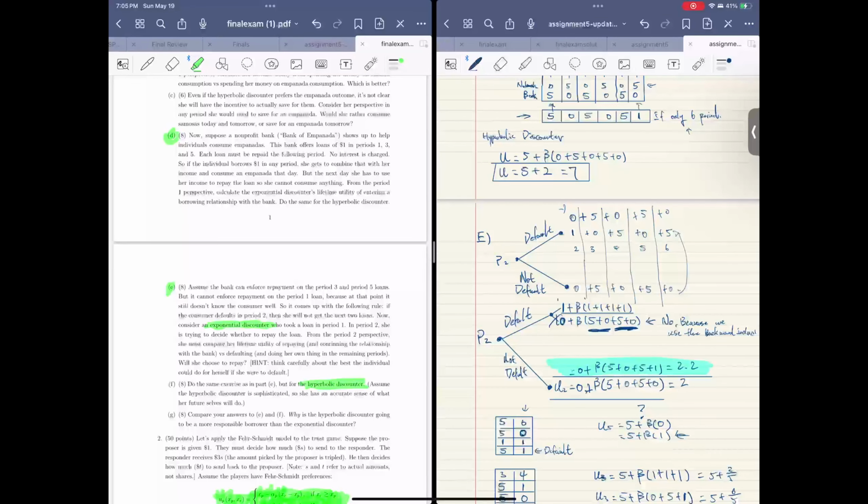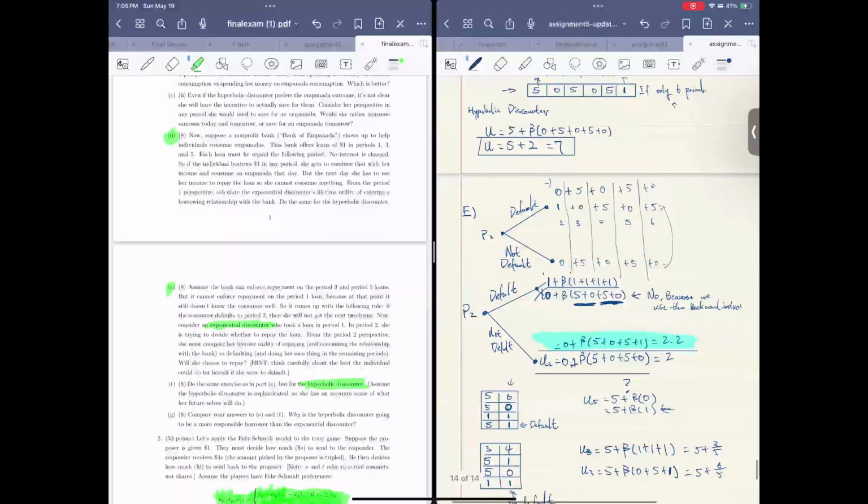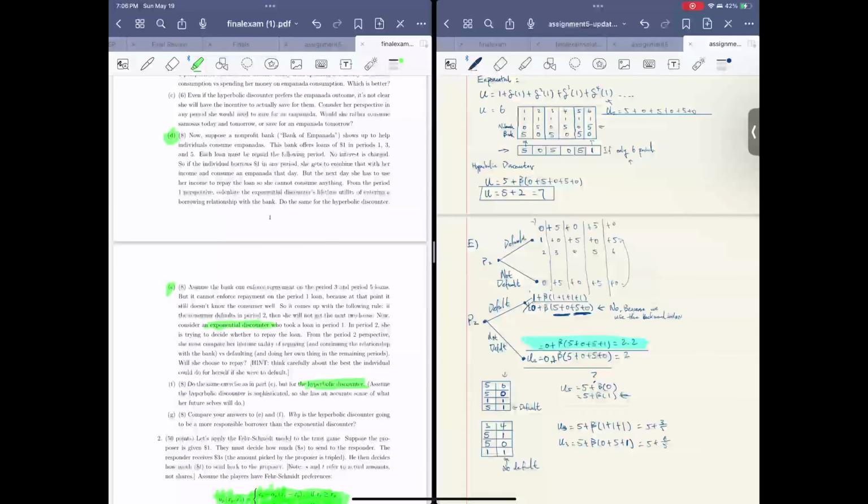Andrew, I have a question. So the only time you would have the possibility of only consuming the samosas would be if the hyperbolic discounter defaults, because we did it through backward induction. For all the other cases, there is a possibility that they could save for the empanada.